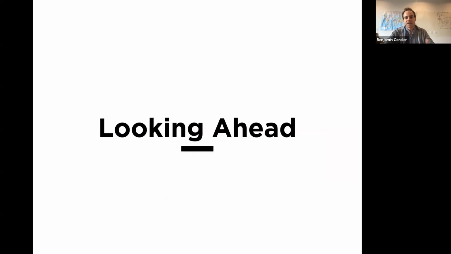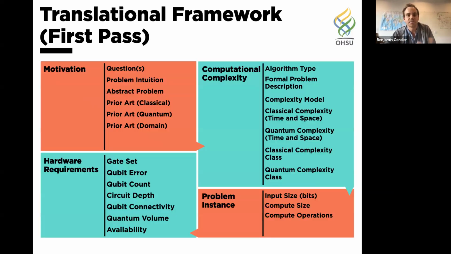And so looking ahead, I should say that in doing this, we developed this first pass of this framework. We had the motivations for why we would be interested in applying quantum computation to a specific problem.